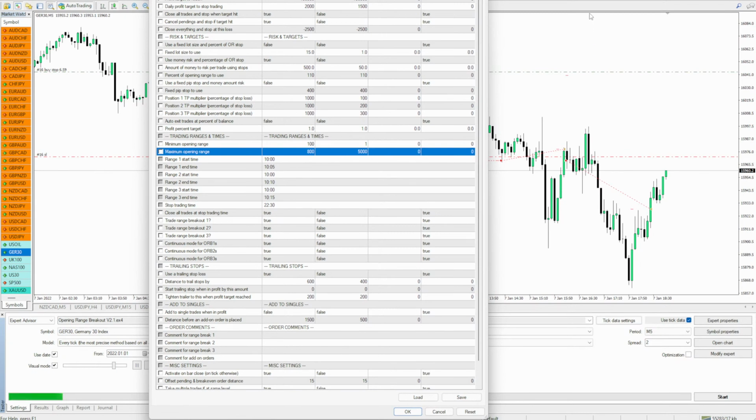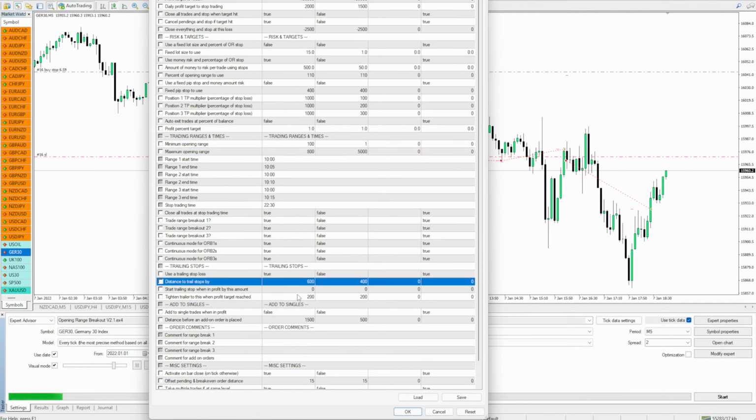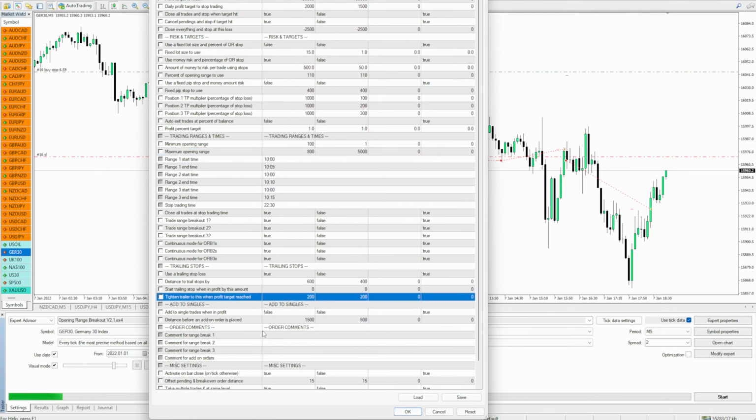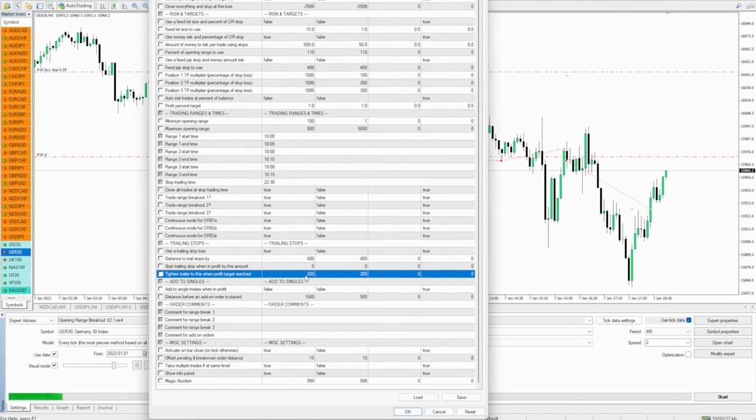So if we get a big, strong, massive opening candle, I'm not interested in trading it. And it's using a 600 pip trailer, but tightens up to 200 when we get to a profit target here. The important thing to look at here is taking multiple trades at the same level.